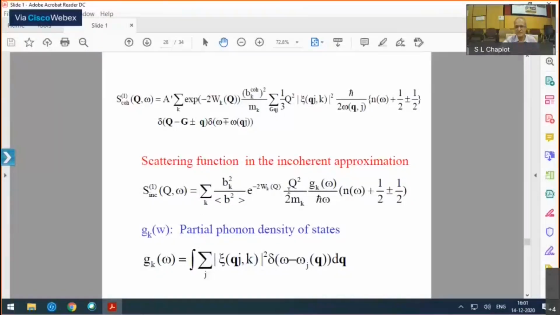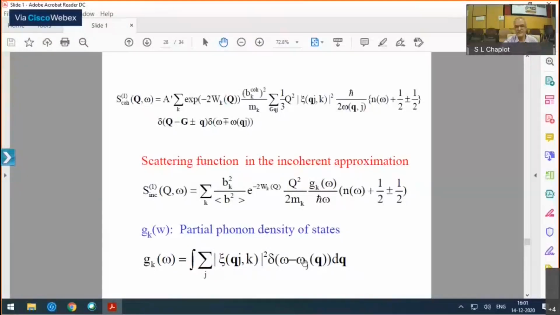So the Debye-Waller factor, you have Q square divided by the mass of the atom k, and the integral over the frequencies is the phonon density of states, what we call here the partial phonon density of states coming from the atom k. There are n atoms in the primitive cell, so each atom gives its partial component, and that is defined as the phonon density of states weighted by the corresponding displacement term for the atom k.